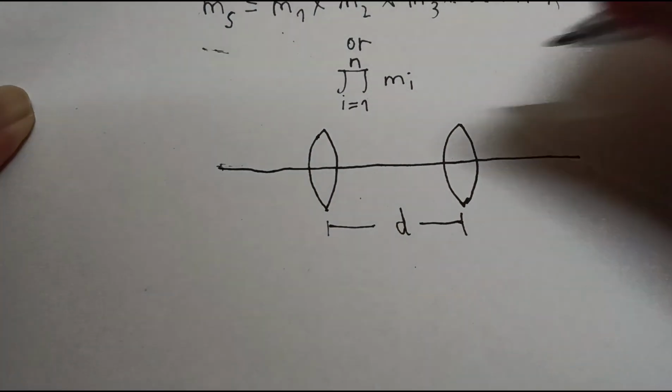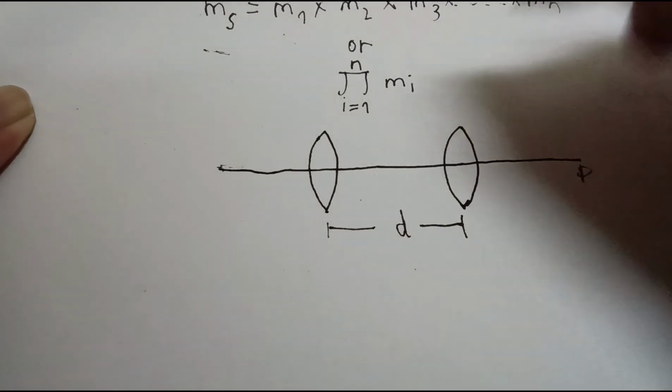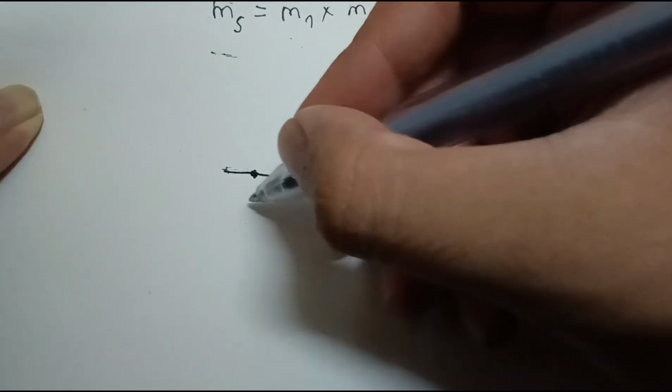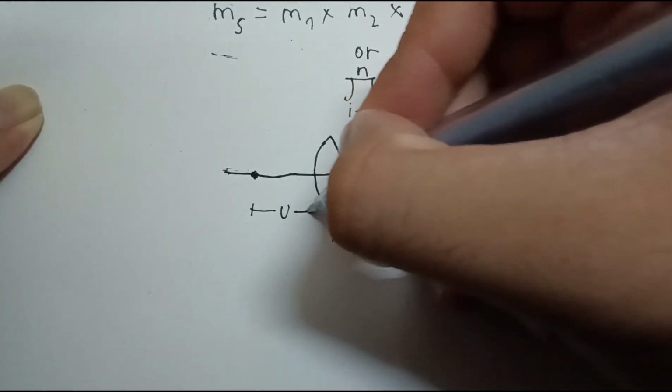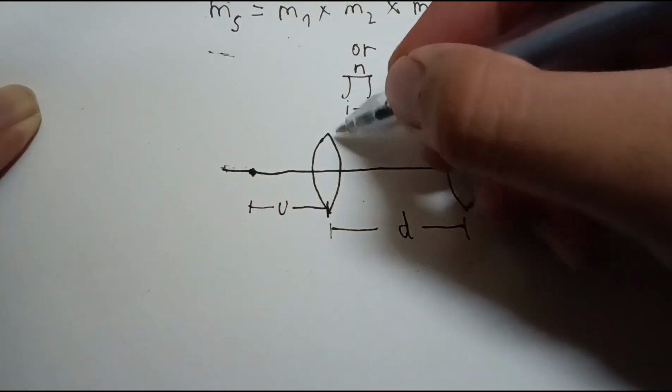Perfect. Now this is the principal axis. Let's suppose an object is kept here. We will call this u. It's the initial object.